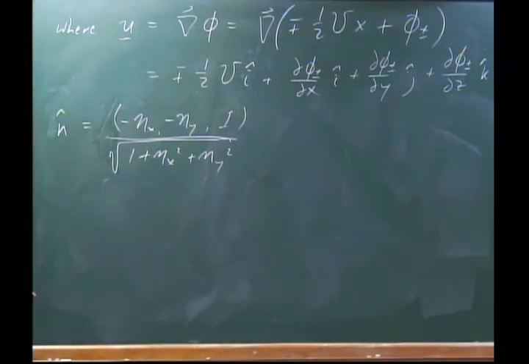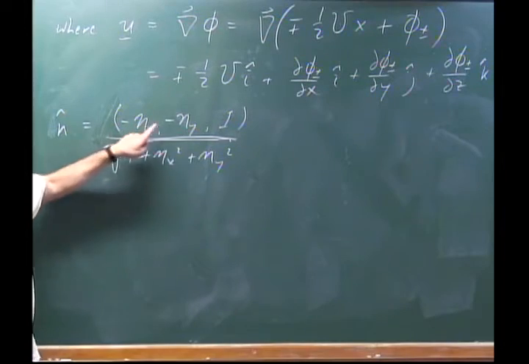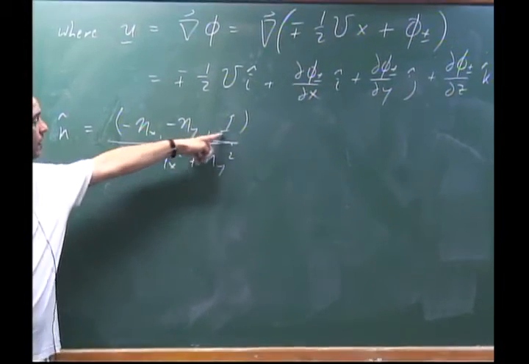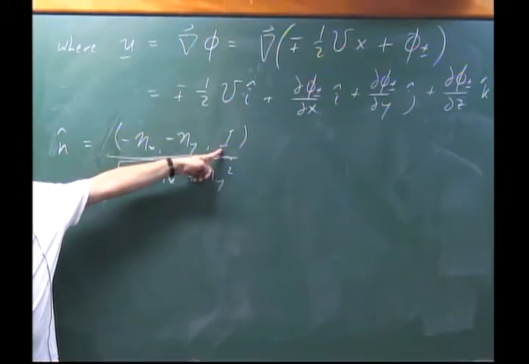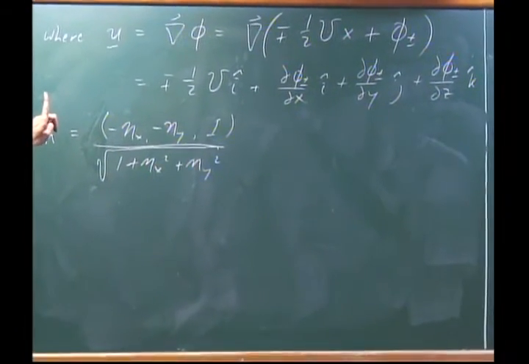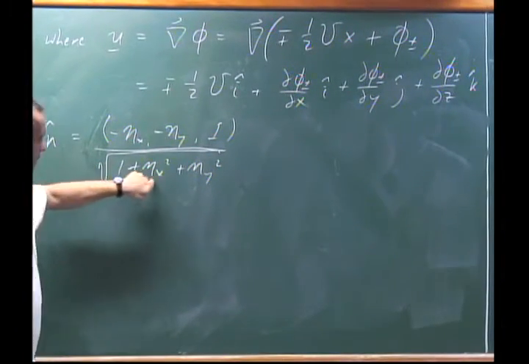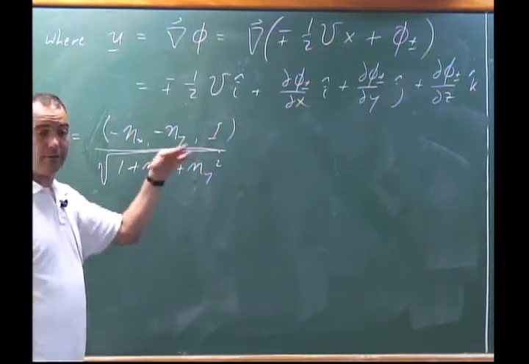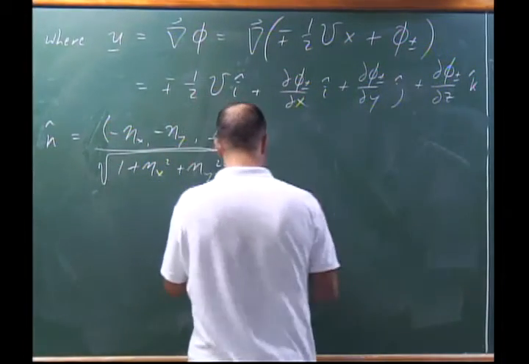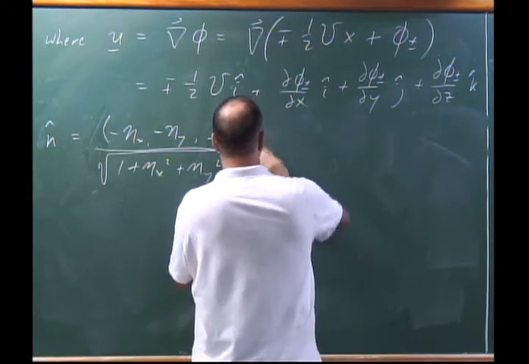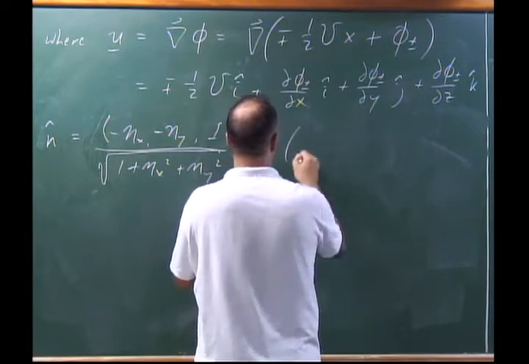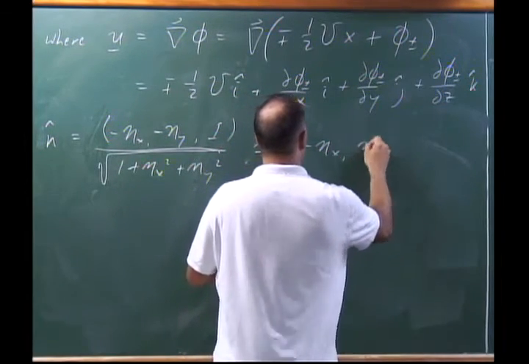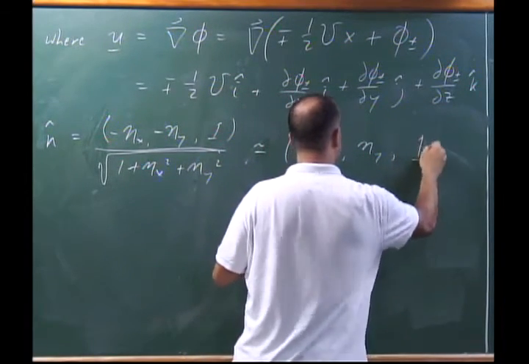So correct to linear approximation, we're assuming that all of these things are small. So this is the z component of the normal, so it's mostly vertical, but there are small perturbations. But these are small relative to this, so we can just linearize this and say, correct to linear order, nu x, nu y, 1.